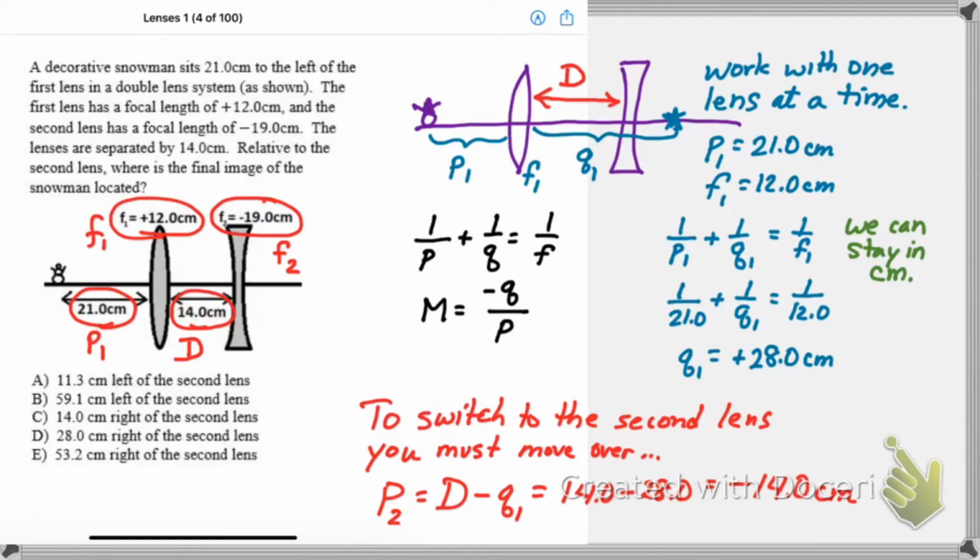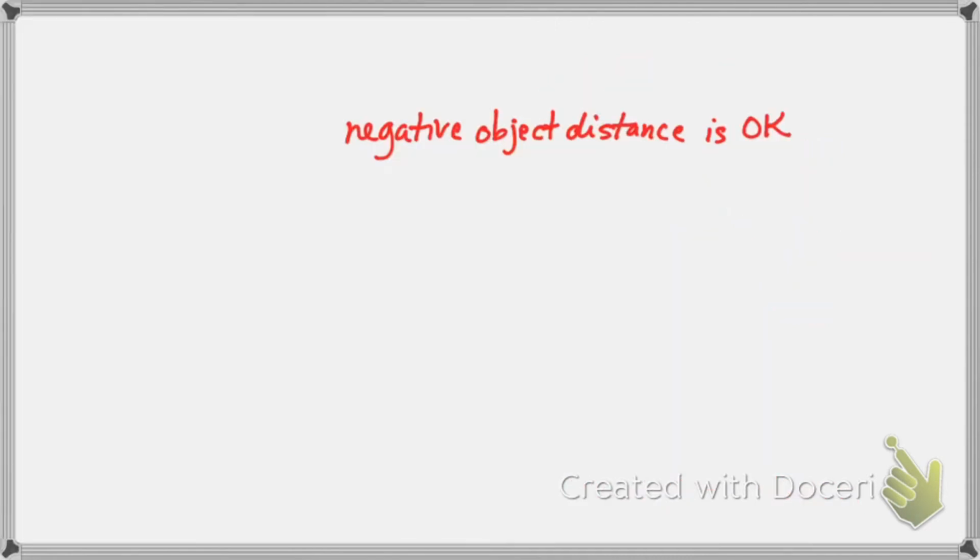It doesn't cause any problems. You need to keep the negative sign with it, but a negative object distance is perfectly okay. It just means it's to the right of the lens. The right side of a lens is a negative object, positive image area. So it's perfectly fine.